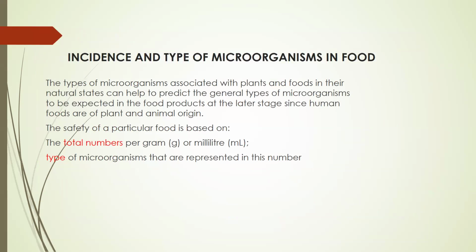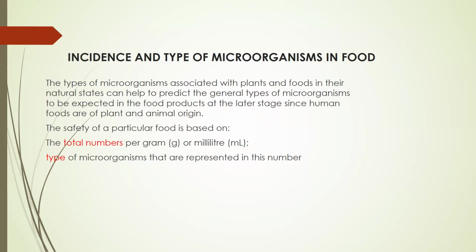So the types of microorganisms that are associated with plants, products, and food in their natural state can help us to predict the general type of microorganisms to be expected in the food product at a later stage. Because our food is either of plant origin or animal origin.